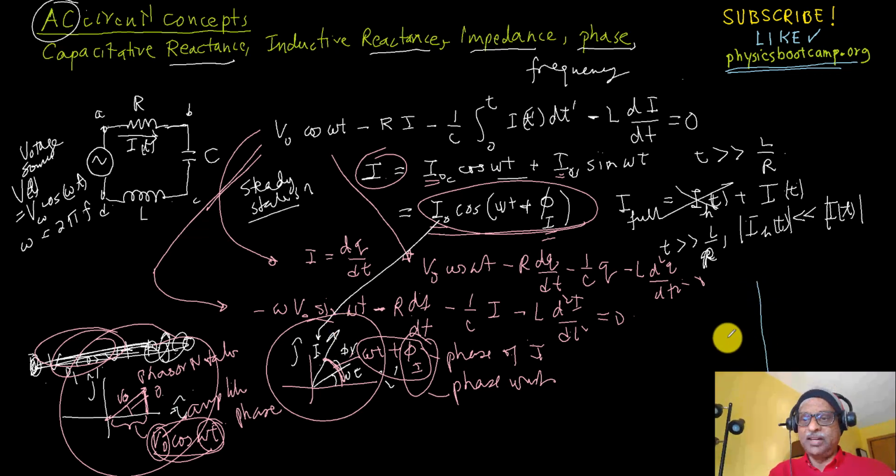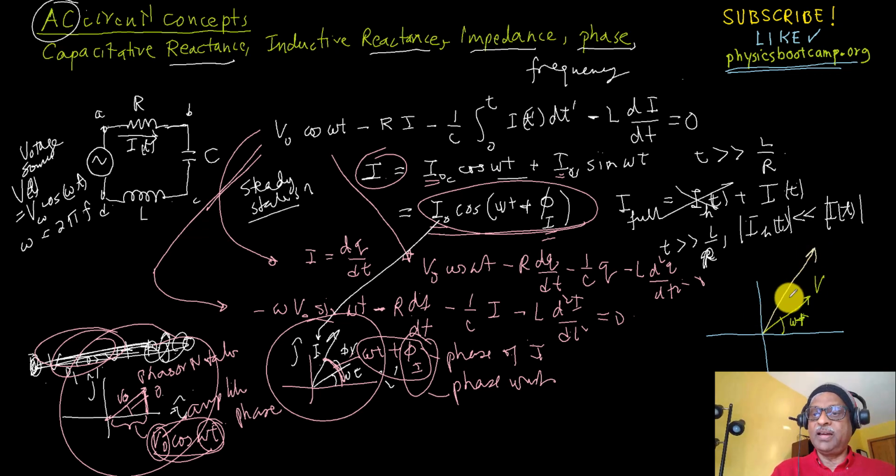So here is a diagram where this is the direction for V with angle omega t, and if phi I is positive, then I will point in this direction, and this is I0 length.